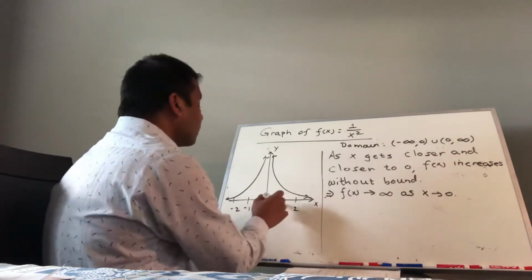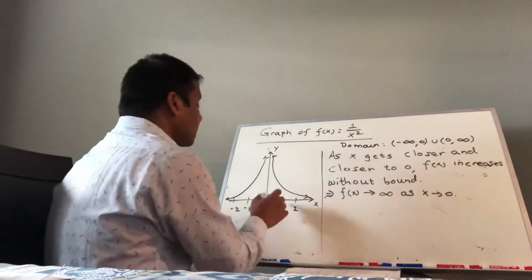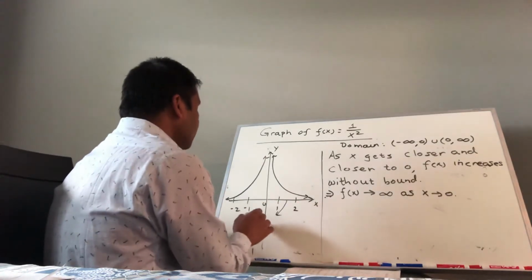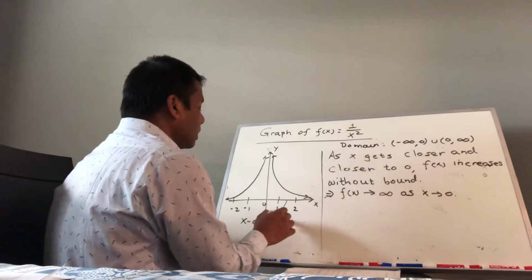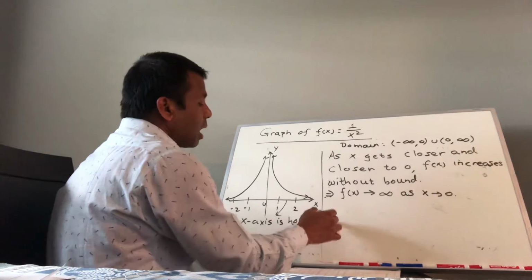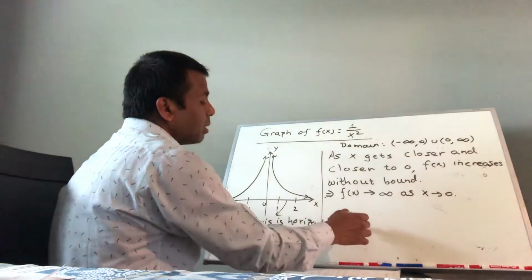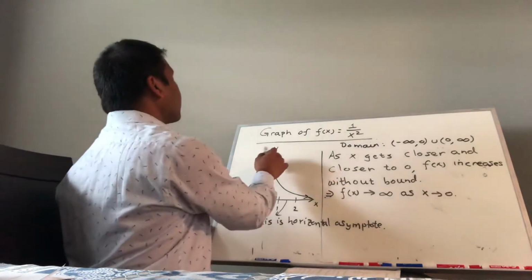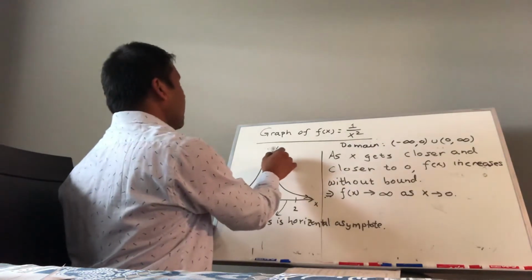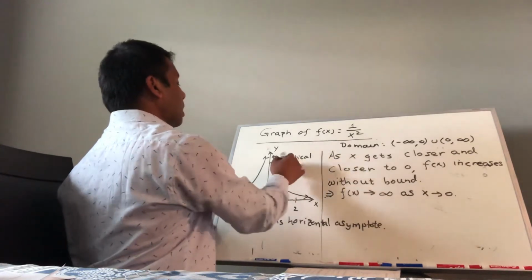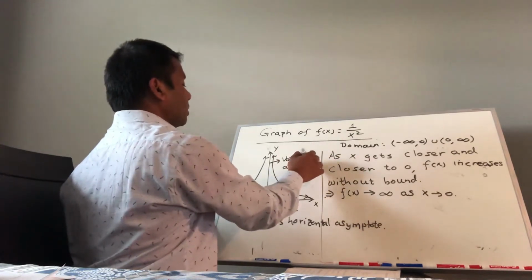So from the graph, you can see that the x-axis is a horizontal asymptote, and the y-axis is a vertical asymptote.